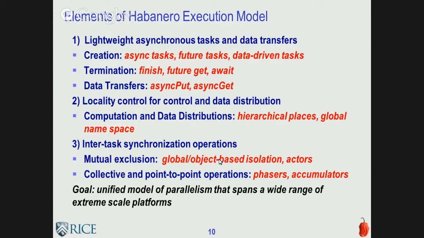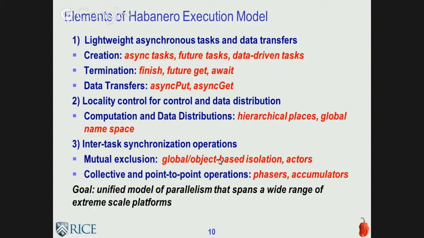So we have primitives in the execution model for creating asynchronous tasks, terminating, waiting for sets of tasks, and data transfers. A key belief for us in this unification is that data transfers and computation should really be treated on par, and you'll see examples of that.